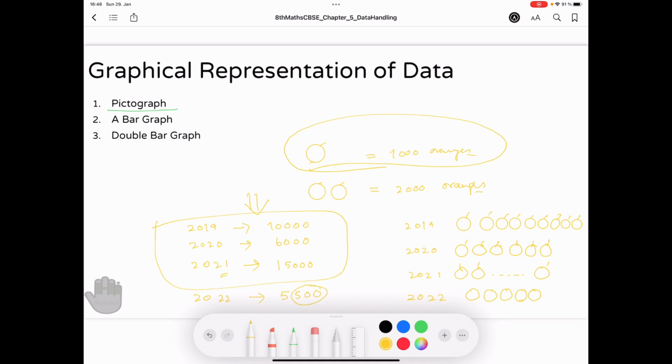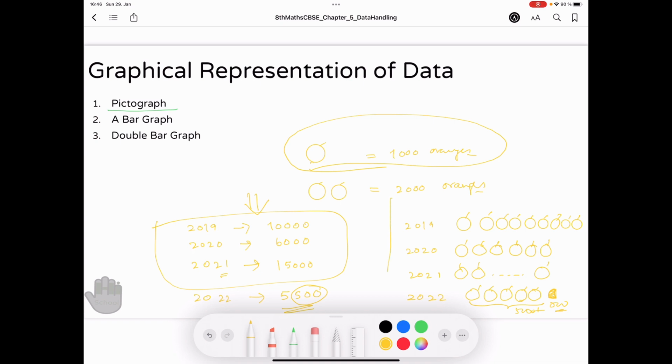So we cannot make a sixth, we have to make half of it. Okay, like this. So these are 5,000 and half of 1,000 is 500. So total 5,000 plus 500 is 5,500.